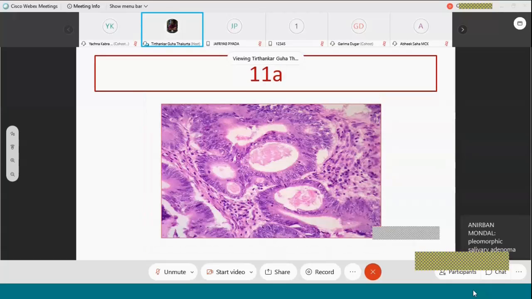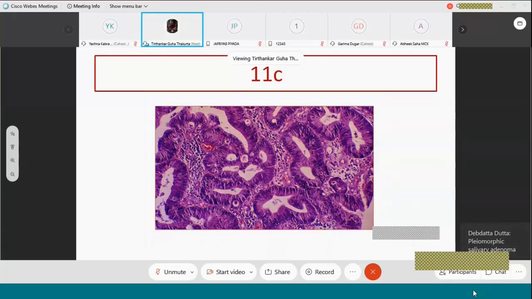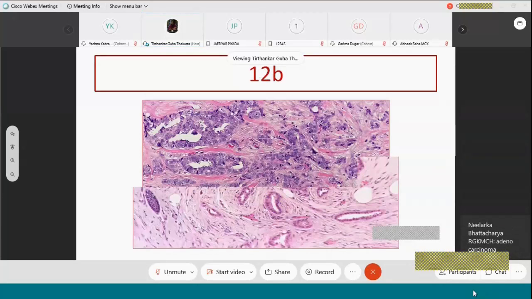What is the diagnosis here? Wonderful. This is adenocarcinoma. And what is this adenocarcinoma specially called?